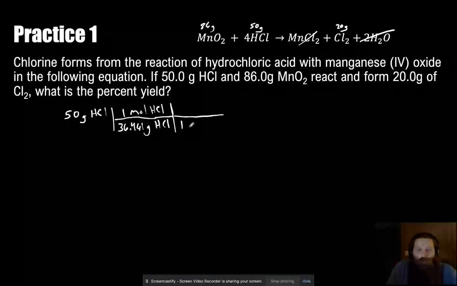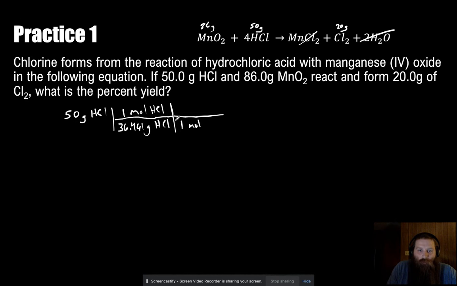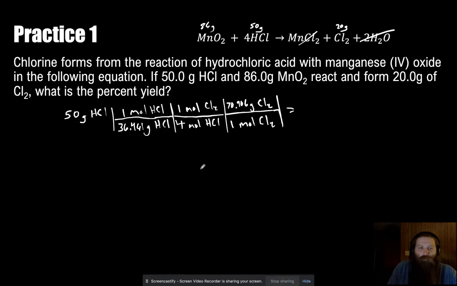We have 4 moles of HCl in our problem. Gives us 1 mole of Cl2. And 1 mole of Cl2 has a mass of 70.906 grams. There we go.